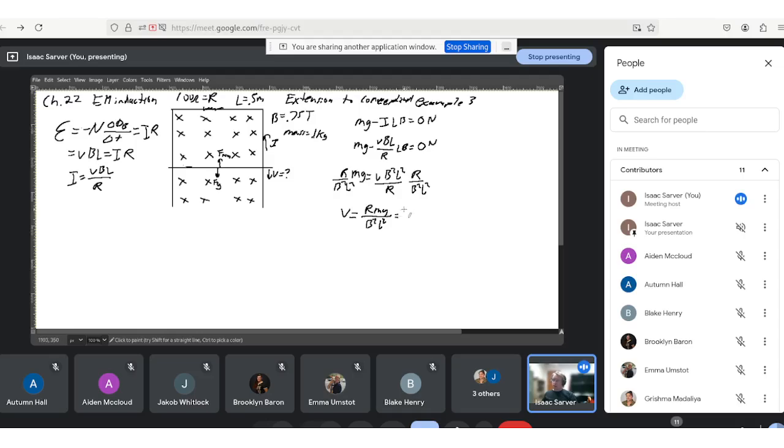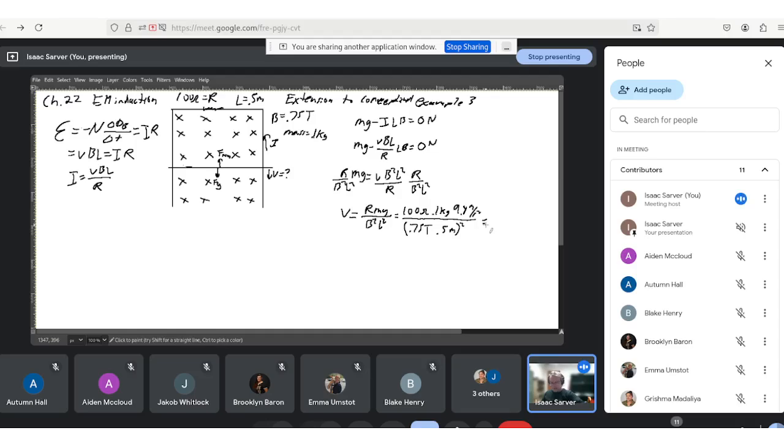So my resistance is 100 ohms. My mass is 0.1 kilograms. My g is 9.8 meters per second squared. Divide by 0.75 Tesla and a half meter quantity squared.